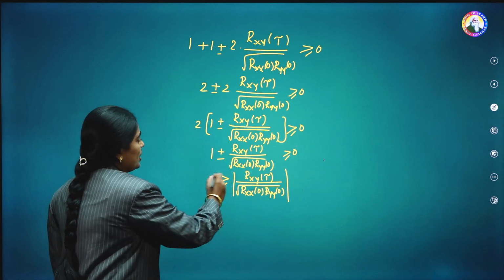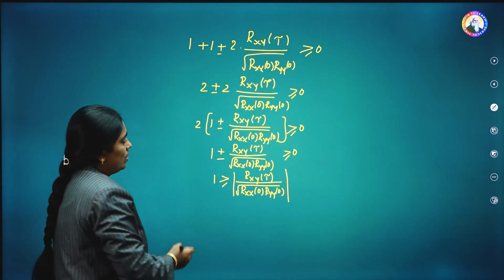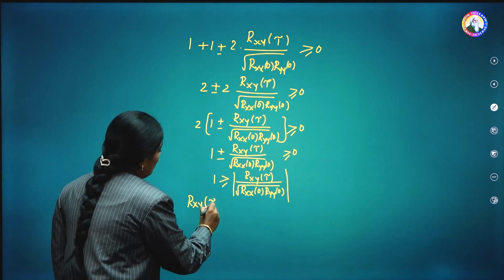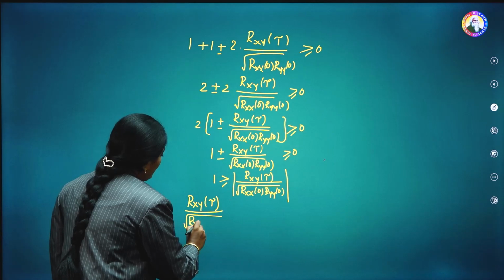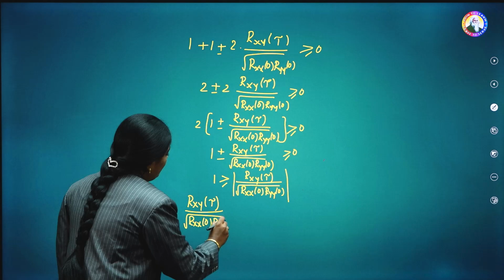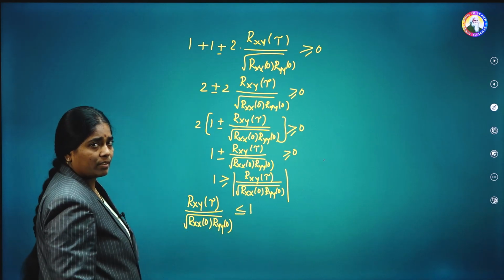Now, interchanging these two, the greater than will become less than. Therefore, R xy of tau divided by square root of R xx of 0 into R yy of 0 is less than or equal to 1.